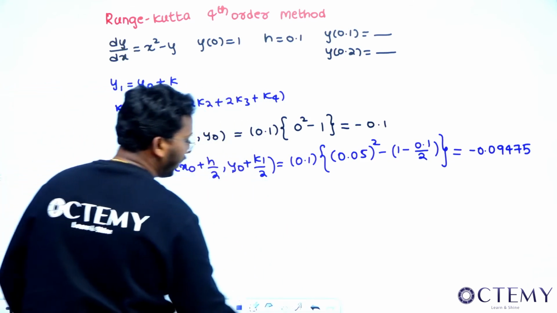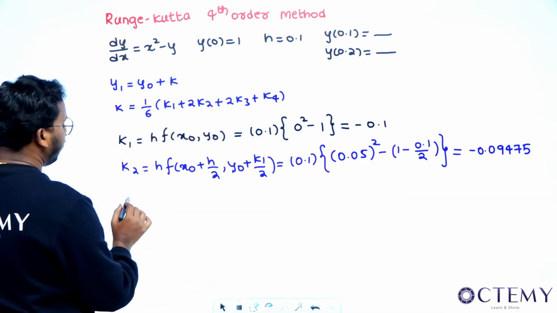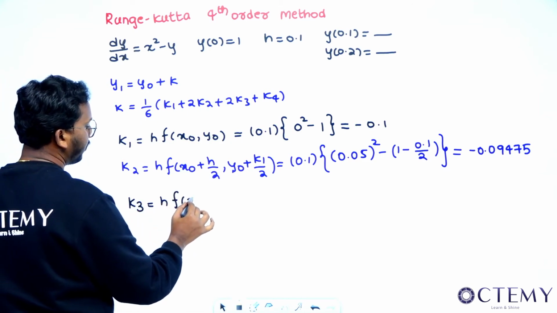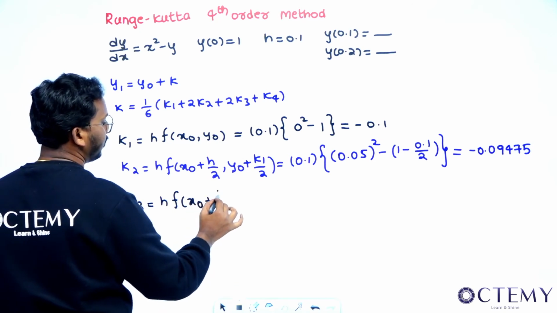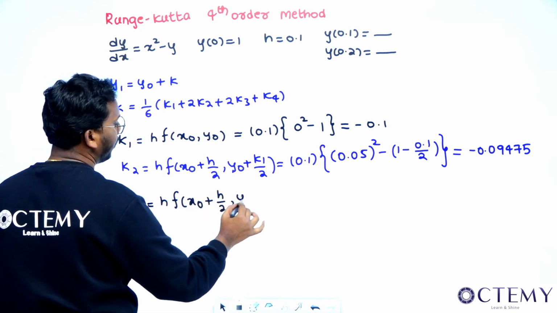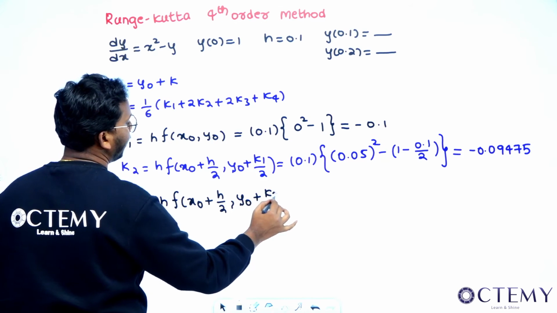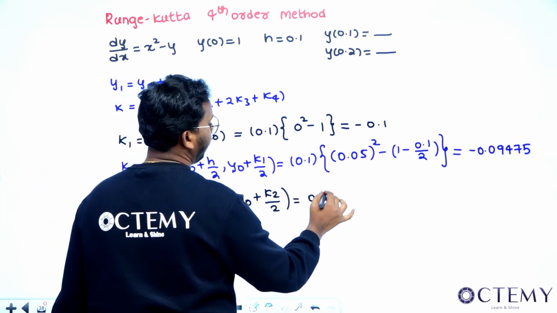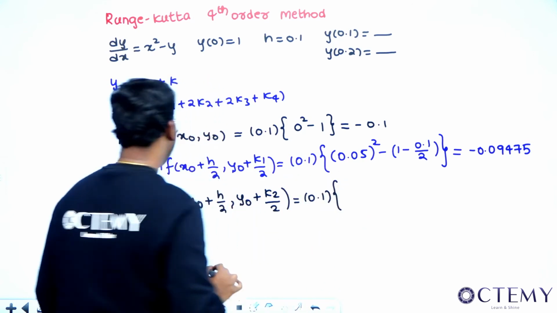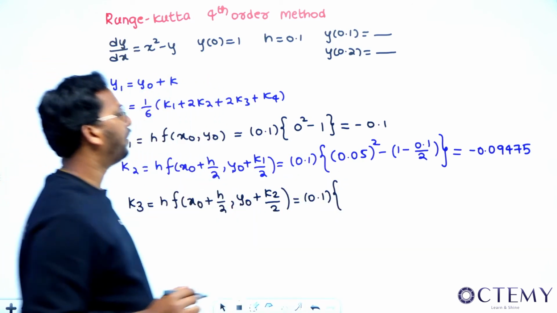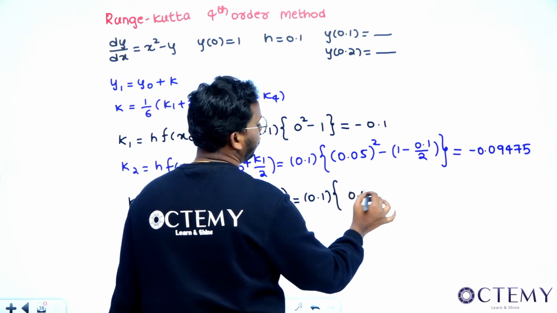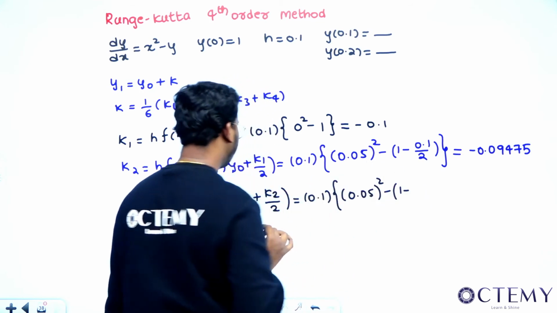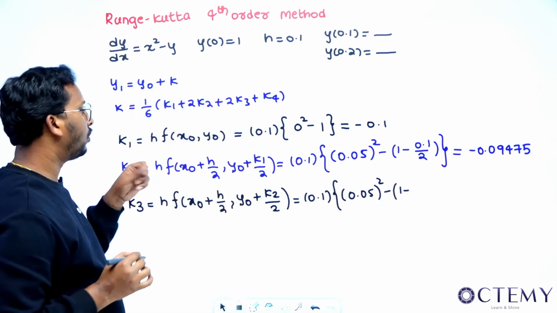Now let us find K3. So see, sir, what will be your K3? That is h times f of x naught plus h by 2, comma y naught plus K2 by 2. That should be equal to 0.1 into, see sir, x naught is 0, so this will become 0.05 square only. What will change? This will become 1 minus K2 by 2.